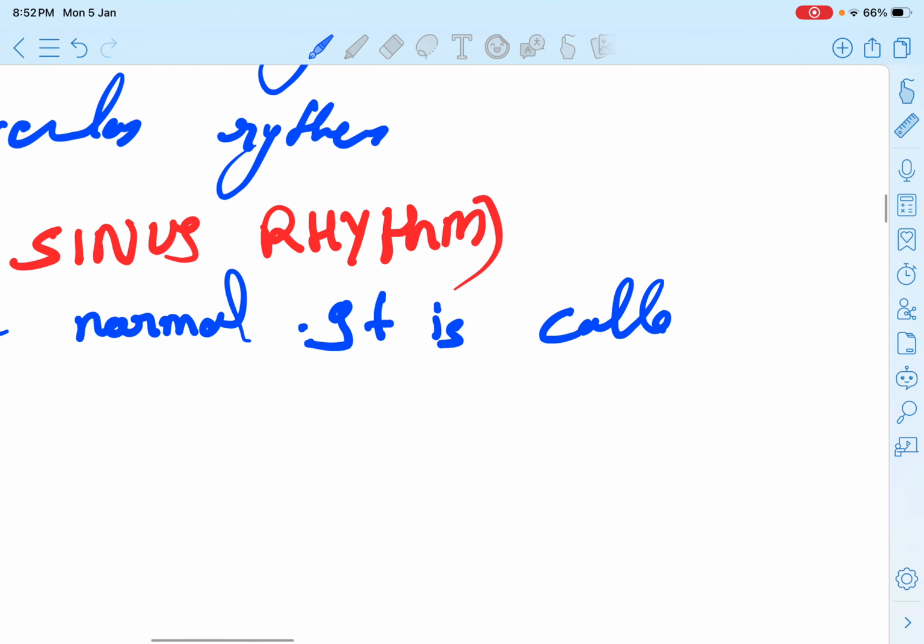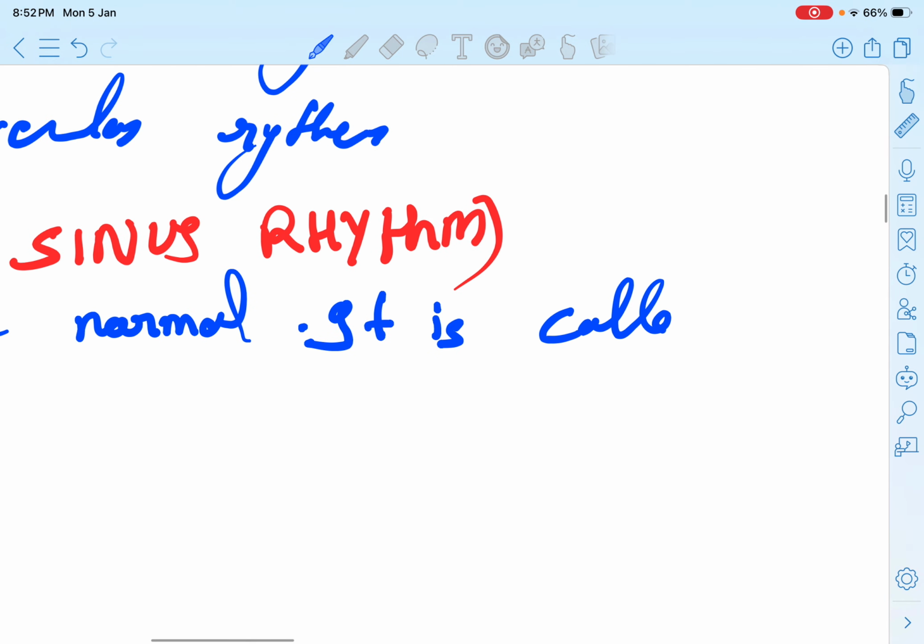If you notice no clear waveform, that is ventricular fibrillation.